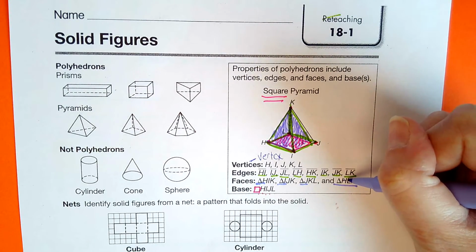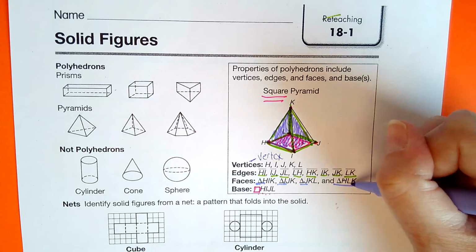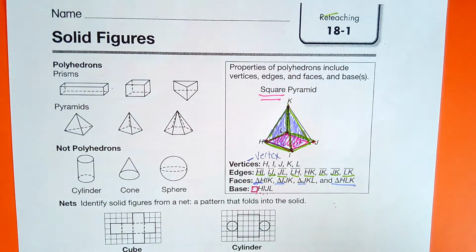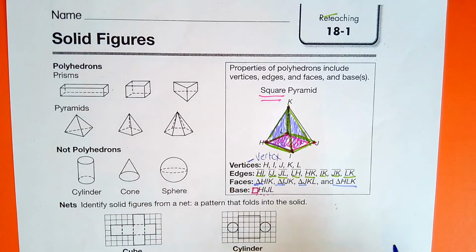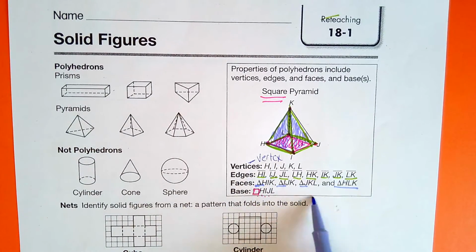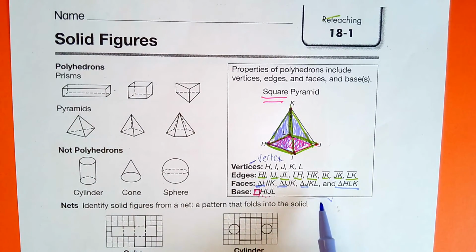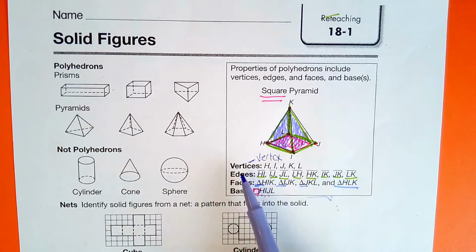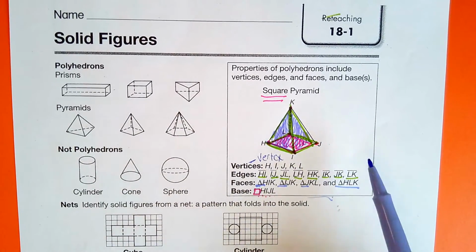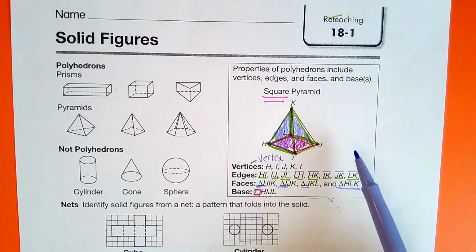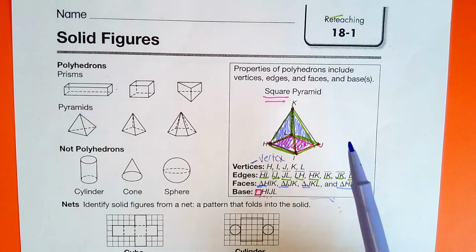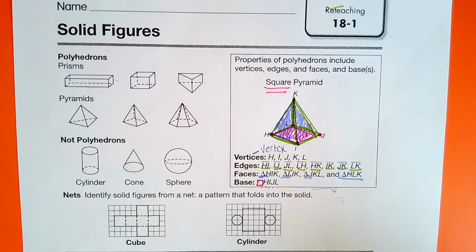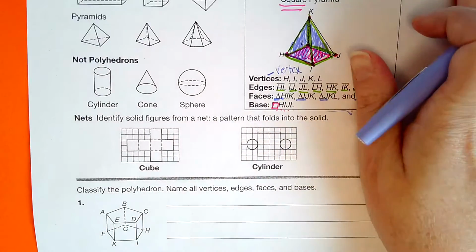So remember, we have talked about how to name things in geometry, particularly lines and angles and triangles, and you're just using all those same skills that we've already used to talk about these solid figures. So down here, number 1 says classify the polyhedron, name all the vertices, edges, faces, and bases.